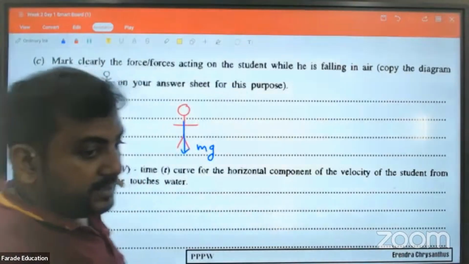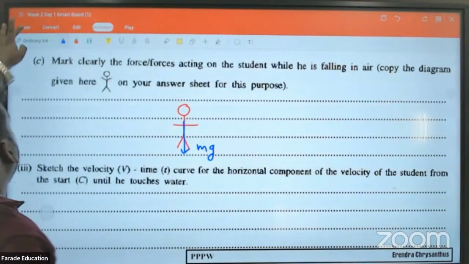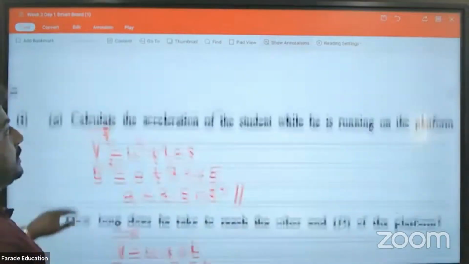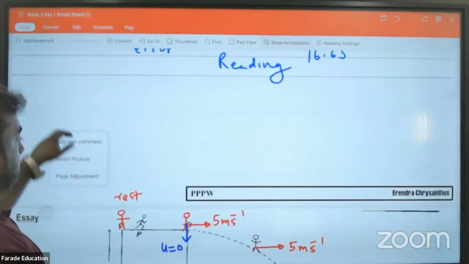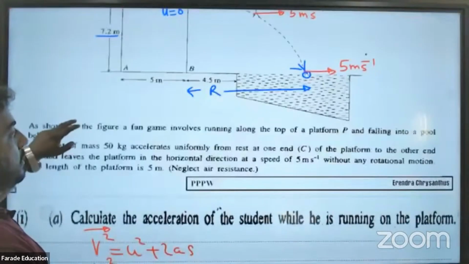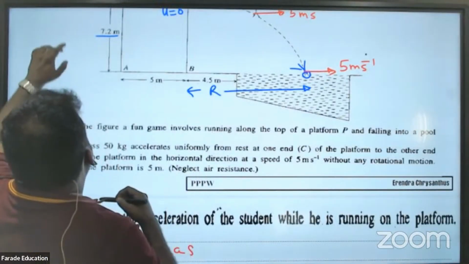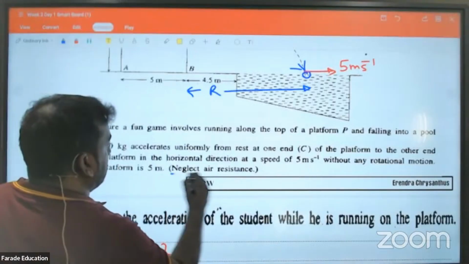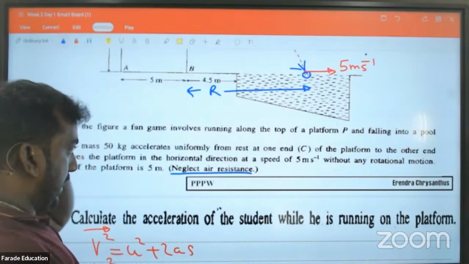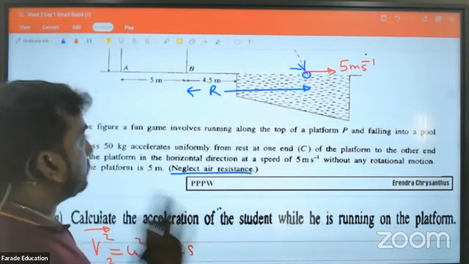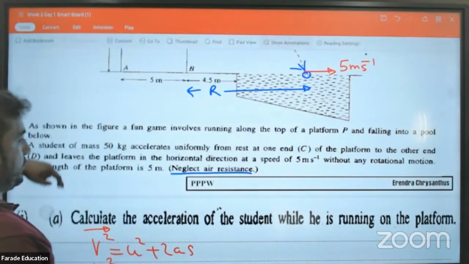No. In our question here, we are neglecting air resistance, and we always consider point masses. Point masses means upthrust is not considered.